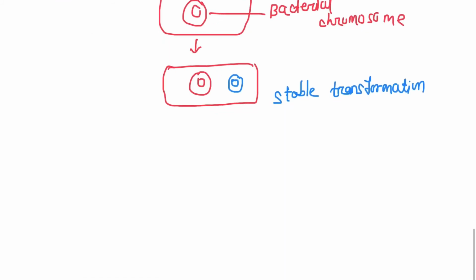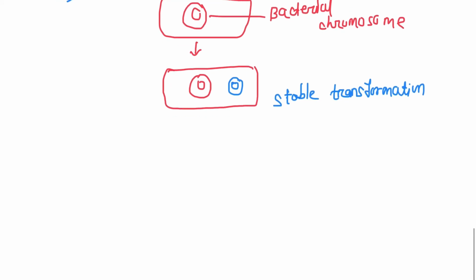You may think that these are just basic concepts, so why am I describing all these things, and what type of question will you get in the examination from this part? Let's understand by an example.